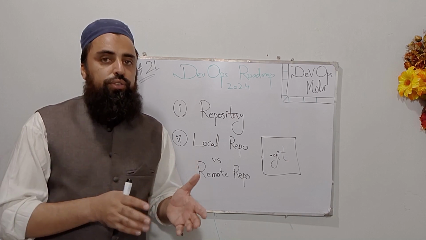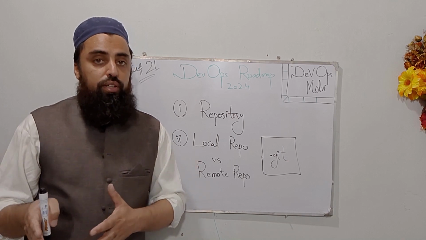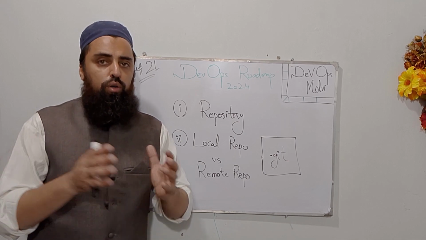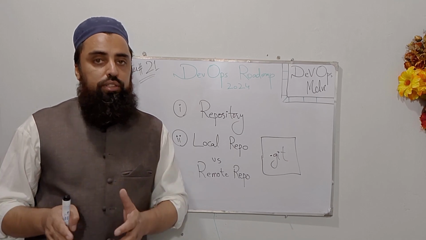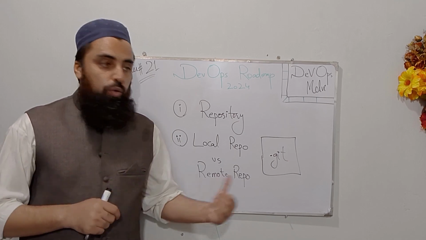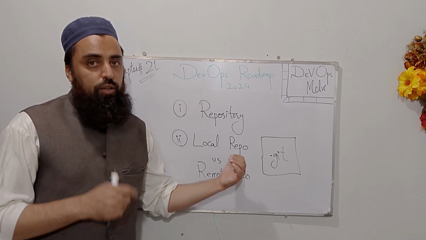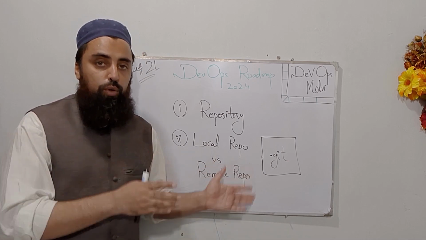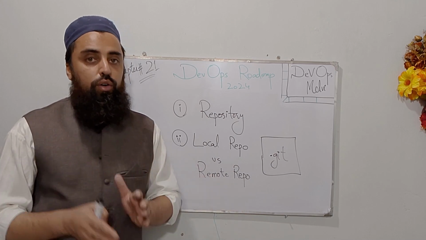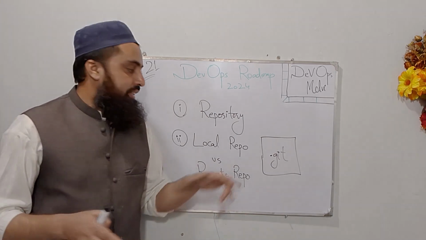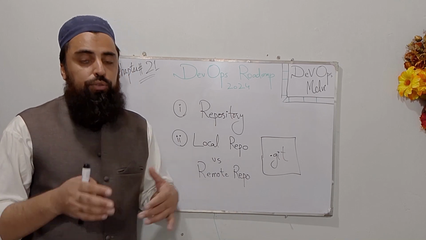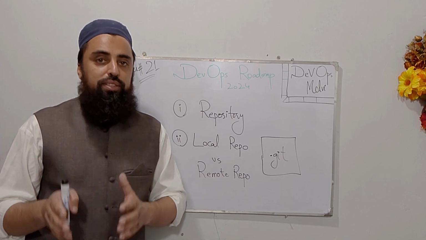The remote repository is always on a remote server, and that can be accessed by multiple developers, all the software engineers and coders, programmers in your team. So the difference is: local repository is on your local VM and can be accessed by you only, and remote repository is on a remote server and can be accessed by multiple developers.